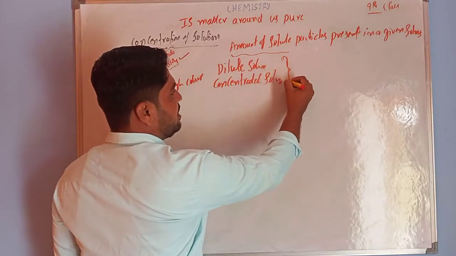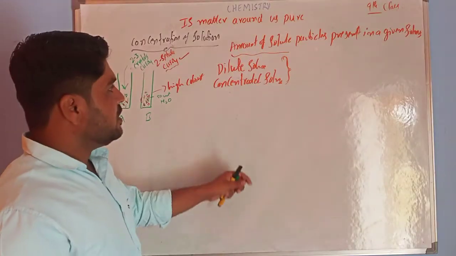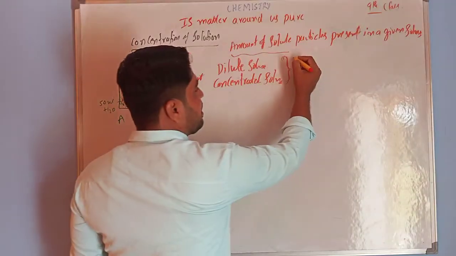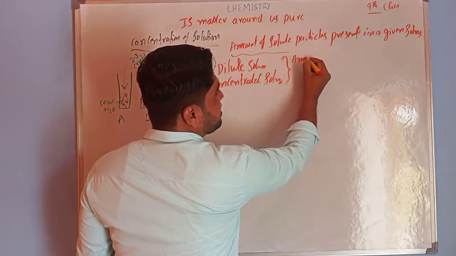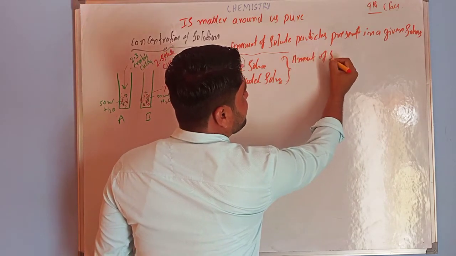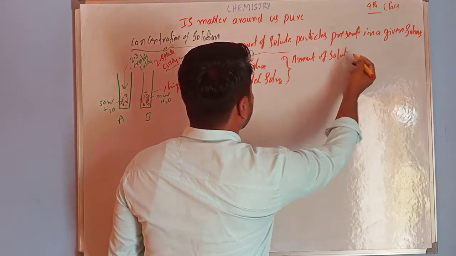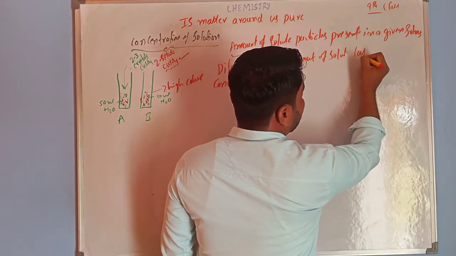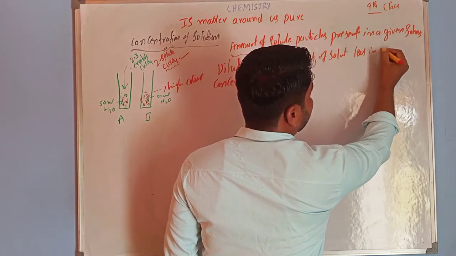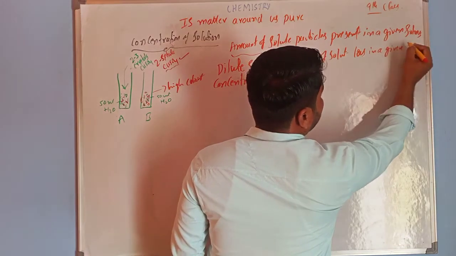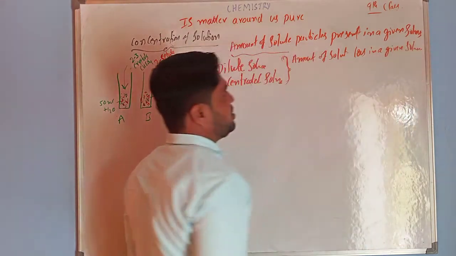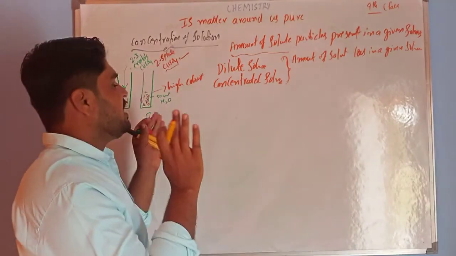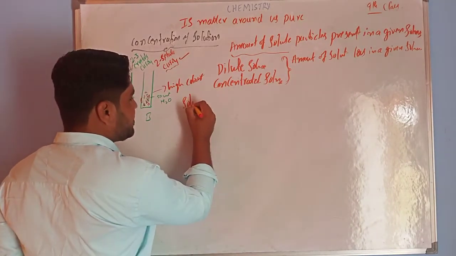In a dilute solution, the amount of solute particles is less in a given solution. When compared, we are talking about solute and solvent.